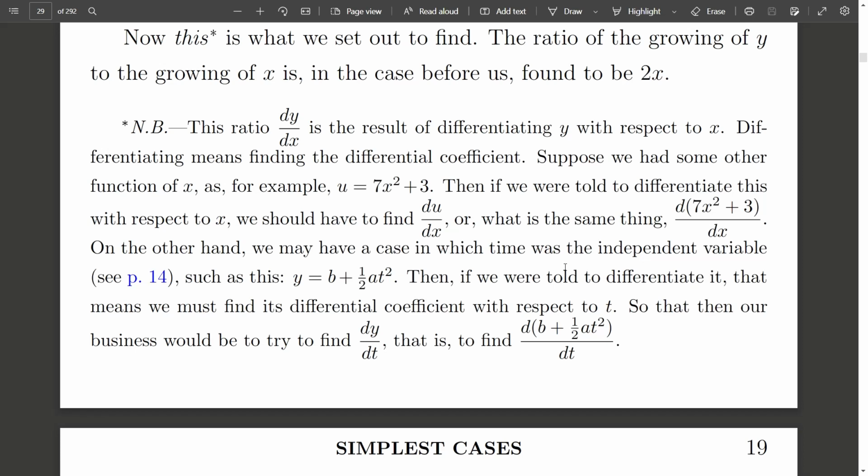On the other hand, we may have a case in which time was the independent variable, such as this, y is equal to b plus half a t squared. Then, if we were told to differentiate it, that means we must find its differential coefficient with respect to t, so that then our business would be to try to find dy by dt. That is, to find d(b plus half a t squared) over dt.